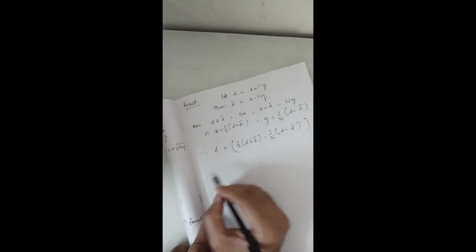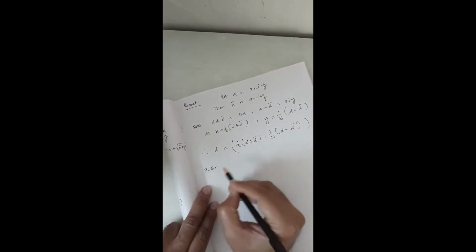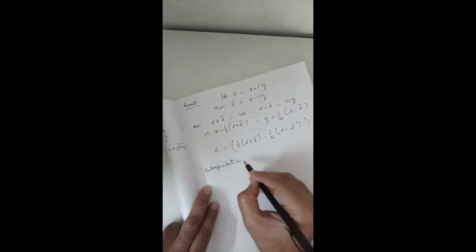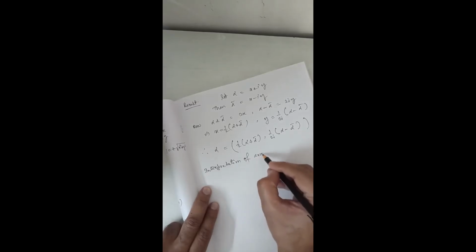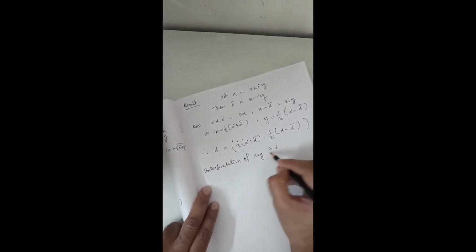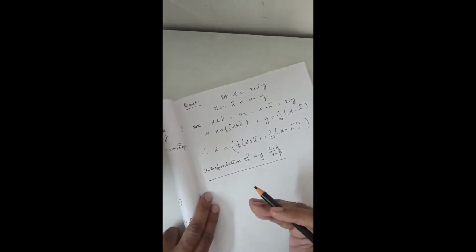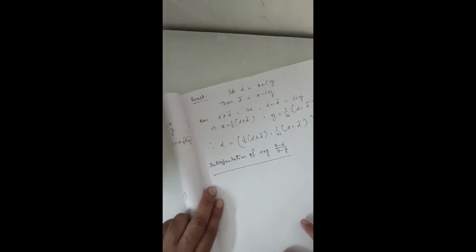So now see, the interpretation of the argument of z minus alpha by z minus beta is a very important thing. All these which I am discussing now will be needed in the future course of complex analysis. We have not yet entered the core area of complex analysis, but before entering that area, you must have some knowledge about these things.